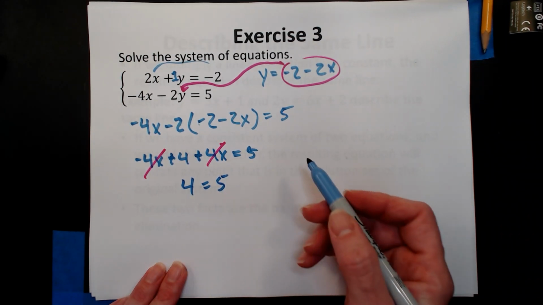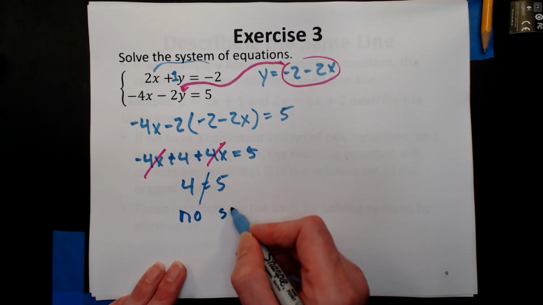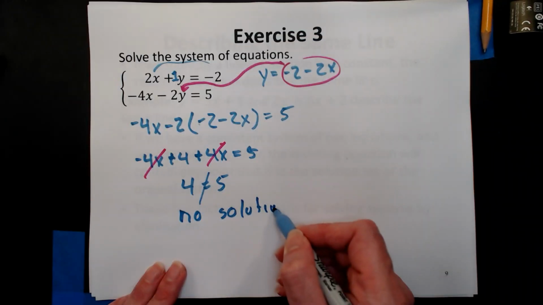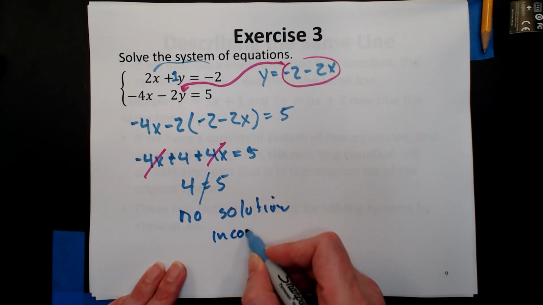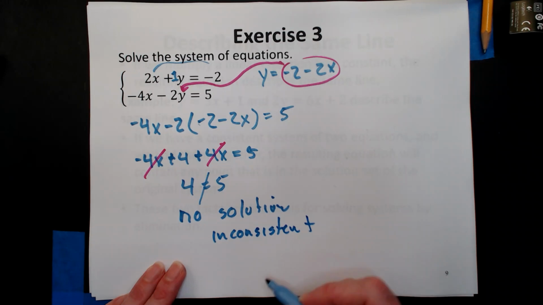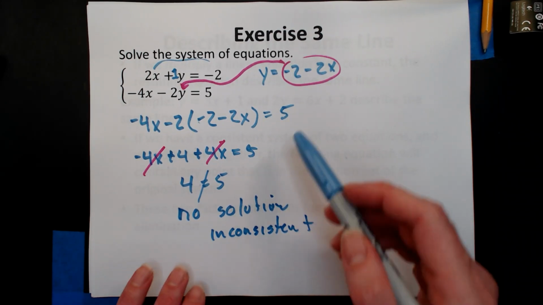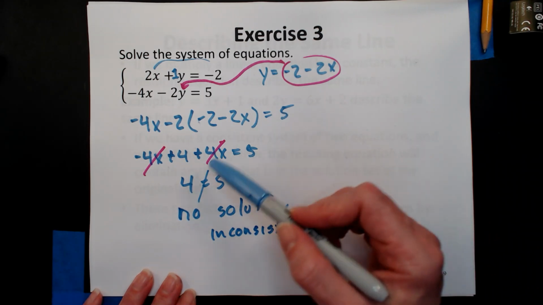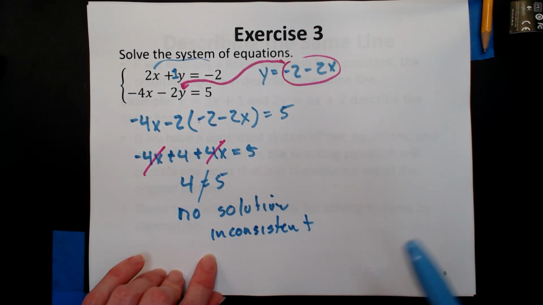And when 4 equals 5, that means that never happens, so we'd say no solution, and it's inconsistent. So you check that. So 4 never equals 5. Now, if this happened to be a 4 on this side, we'd have gotten 4 equals 4, and then it's infinitely many solutions, consistent, dependent.